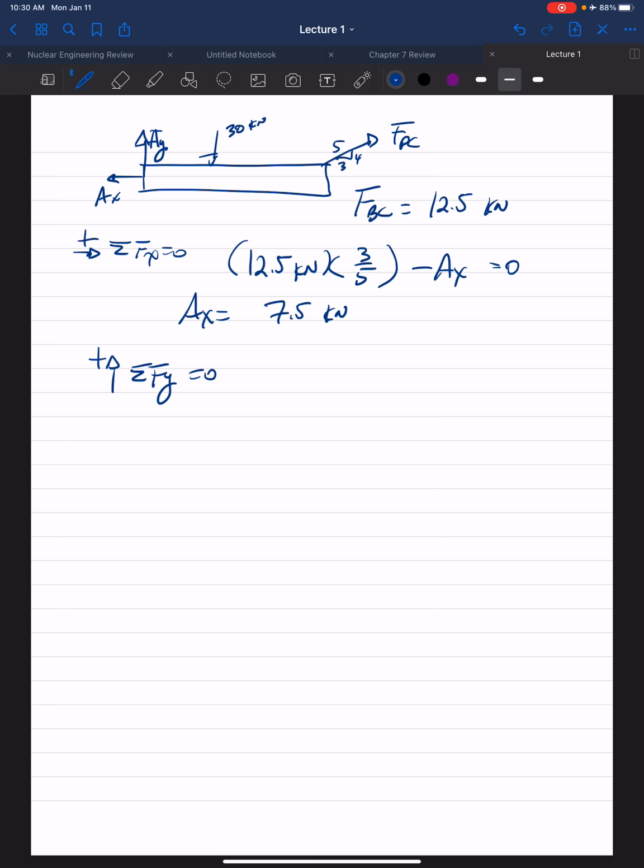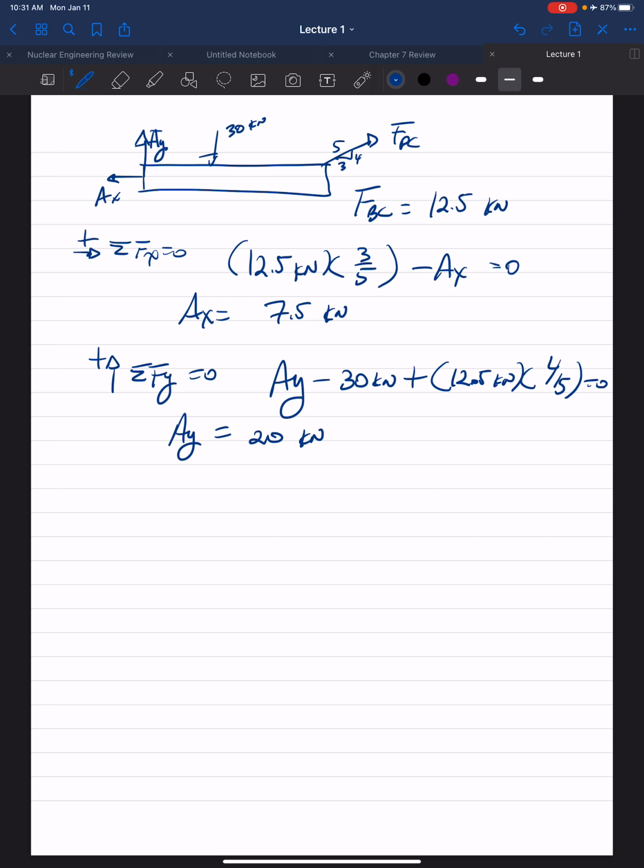Sum of our forces in the y direction. You have your AY minus your 30 kilonewtons plus your FBC, which is 12.5 kilonewtons, times the y component, which is 4/5. AY is 20 kilonewtons.